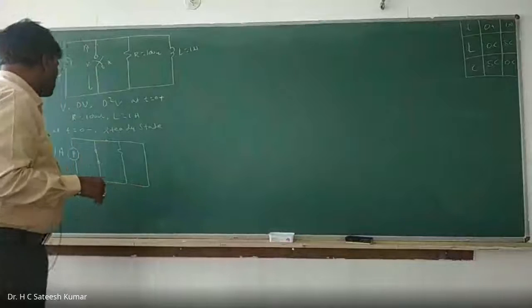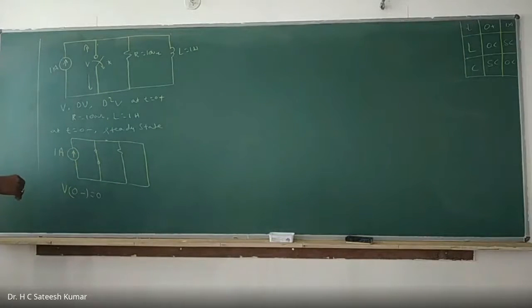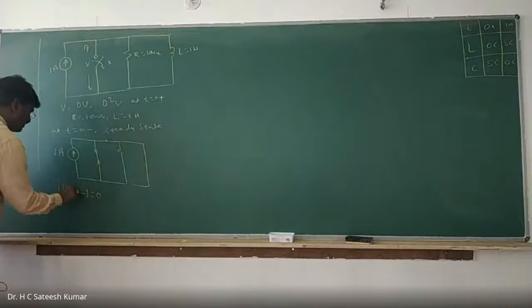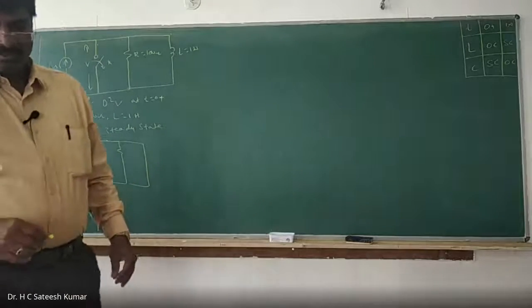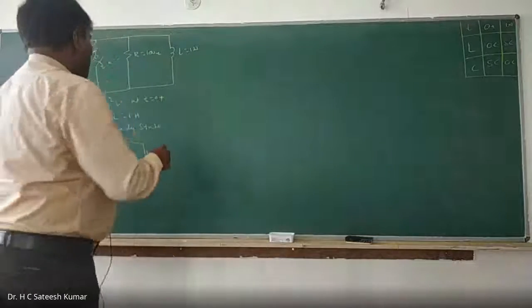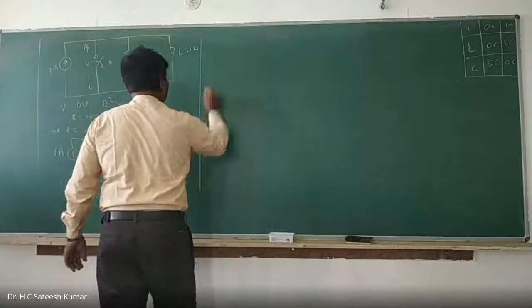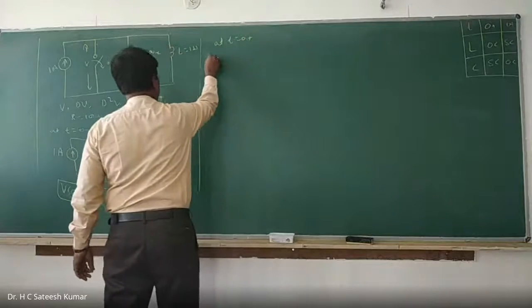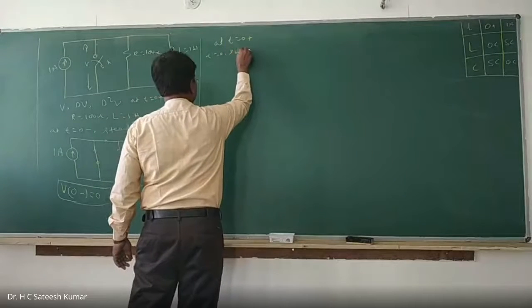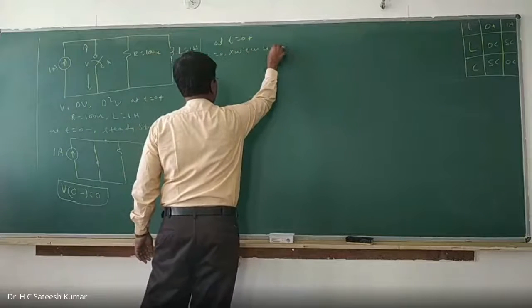So V0 minus is the voltage across this, which is 0. Now at t is equal to 0 plus, that means at t is equal to 0, the switch is opened.